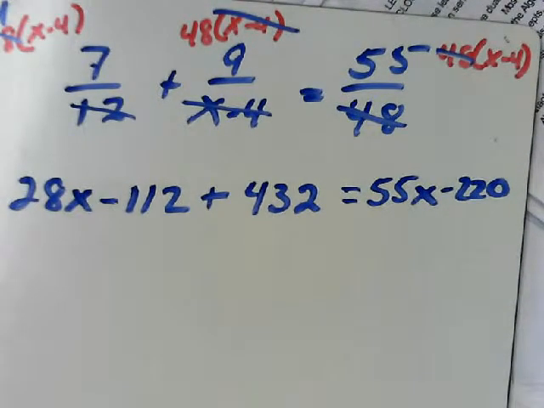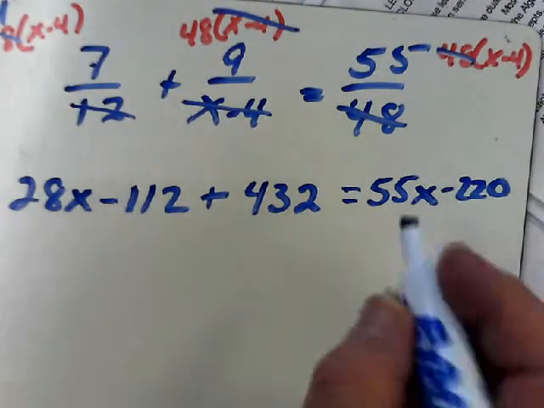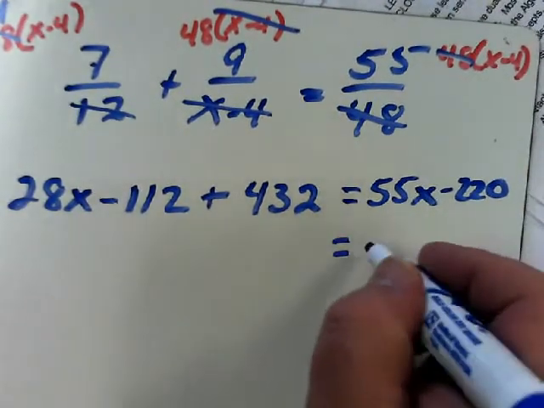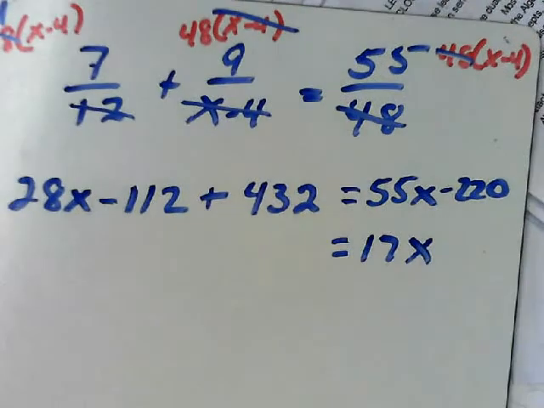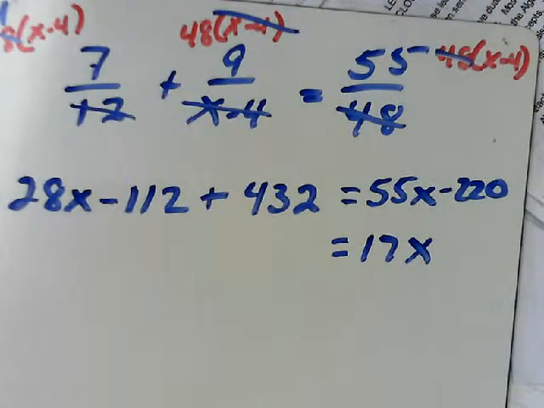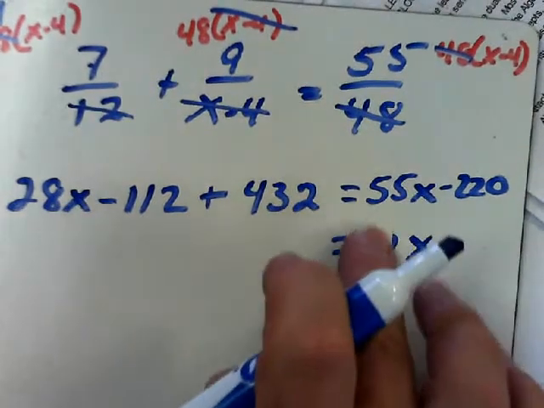Subtract 28 and 55. So I subtracted the 28x from 55x. I think I get 17. What else? But the negative 112. You get 27 if you subtract 28 from 55. Okay.